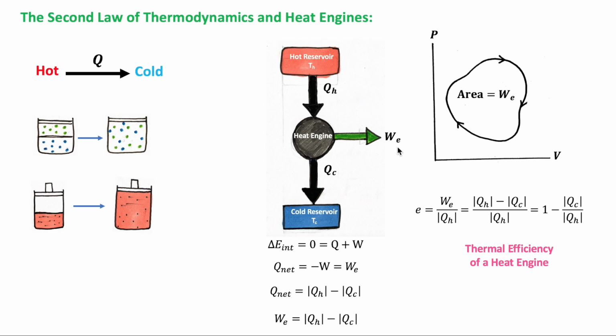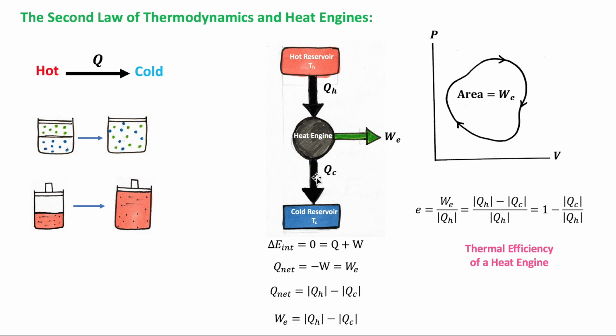The figure shows a schematic representation of the heat engine. The working principle is that a substance absorbs heat from a high temperature energy reservoir. Some of this heat is converted to work, and work is done by the engine, and the remaining energy is expelled as heat to a cold reservoir.